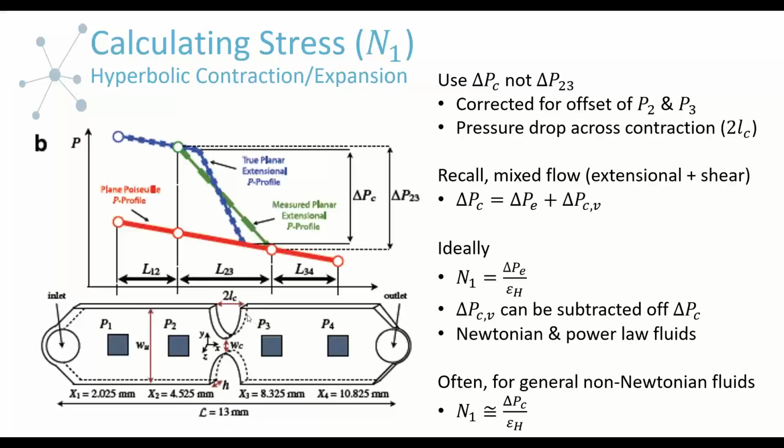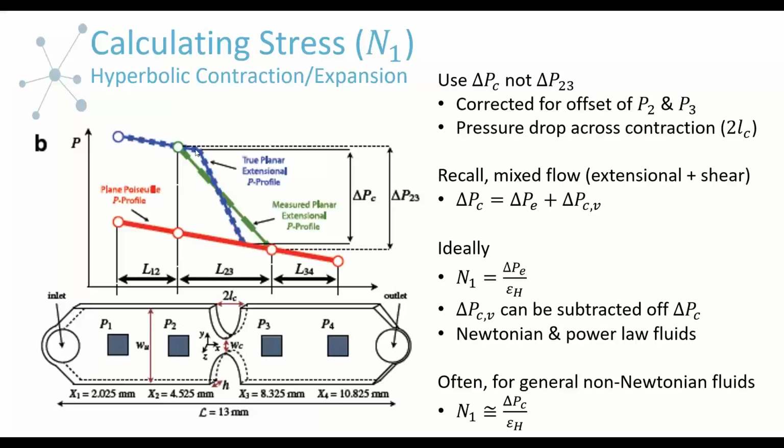But because we introduced this constriction, we now shift this to something that's not linear across all 4 sensors. So we have a larger drop in the pressure as we go across the constriction. And because there are some limitations on how we can place the pressure sensors, they can't be placed exactly at the entrance and exactly at the exit.